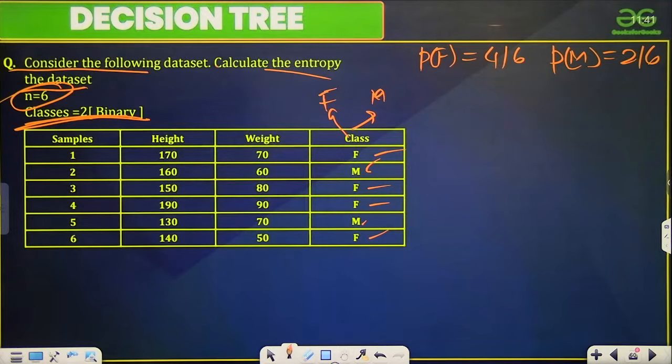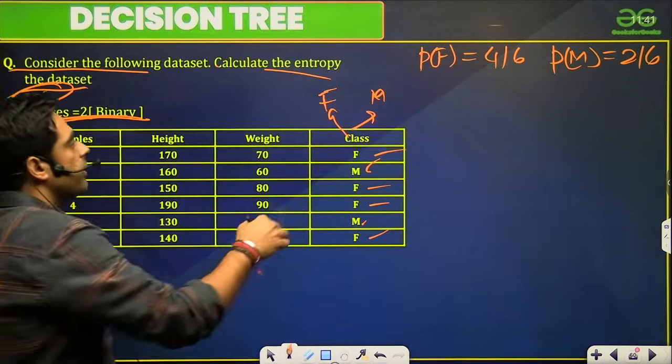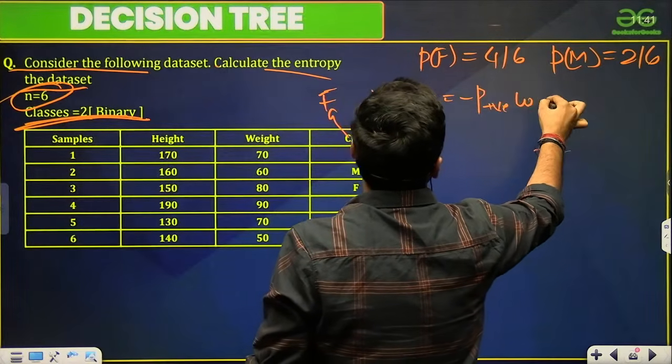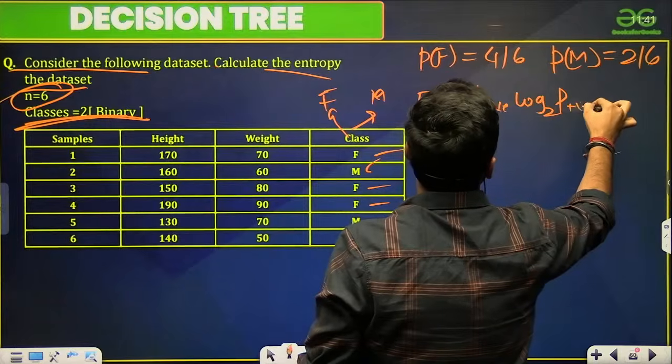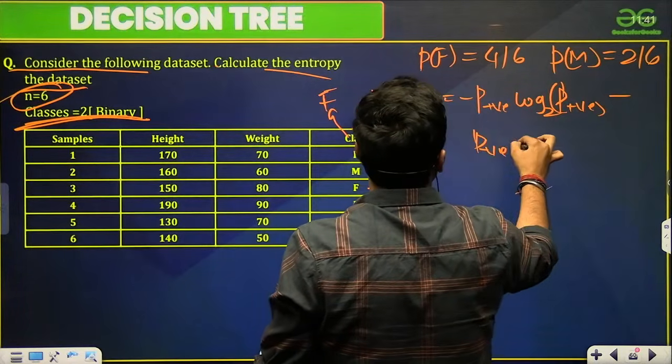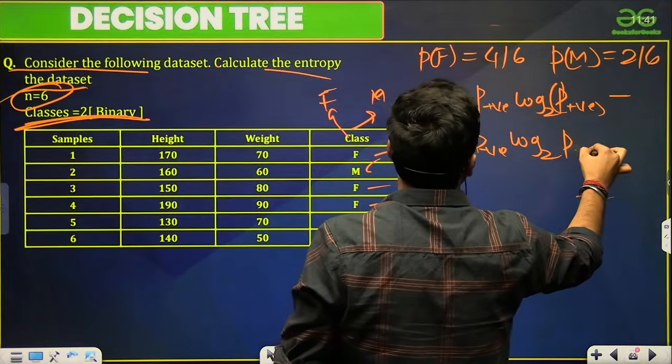Now what we have to calculate is the entropy. The formula of entropy for binary class is: negative of p positive log base 2 of p positive, and negative of p negative log base 2 of p negative.